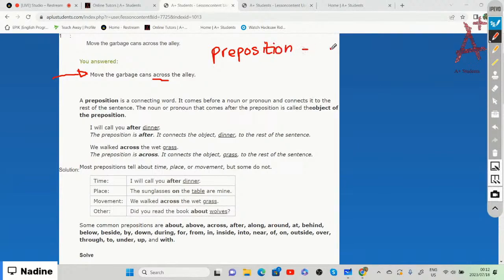So across is the preposition, and our object within the sentence is alley. Which means that our preposition across connects the object, which is alley, to the rest of the sentence. Which means that we need to move the garbage cans across the alley.